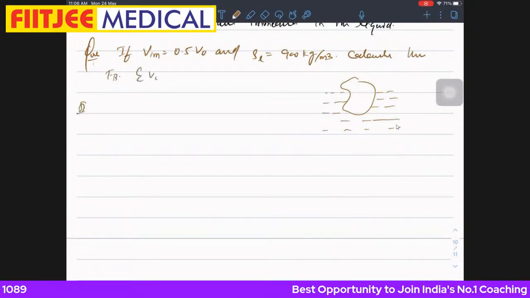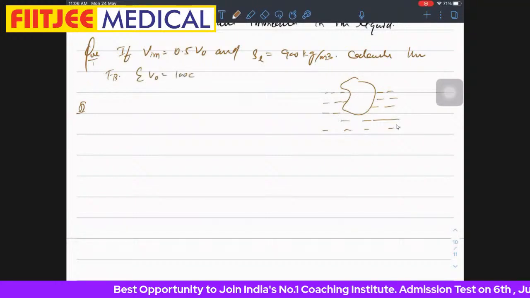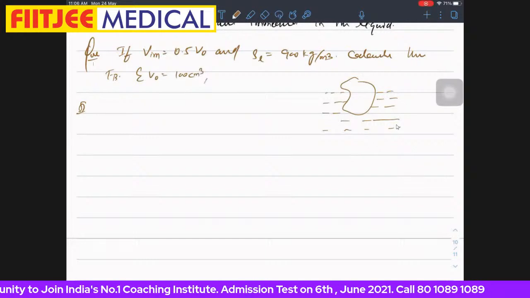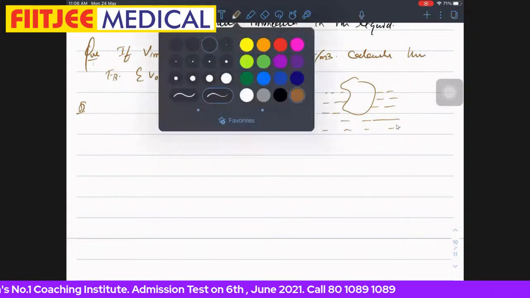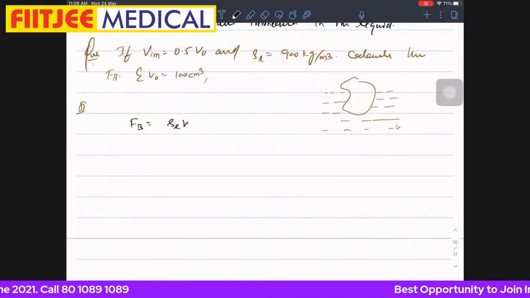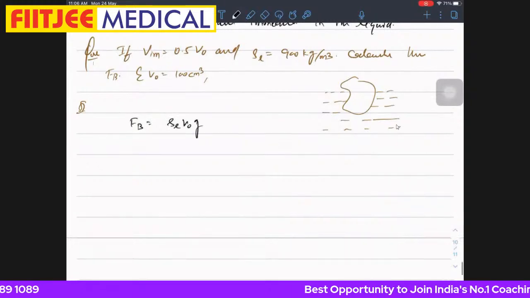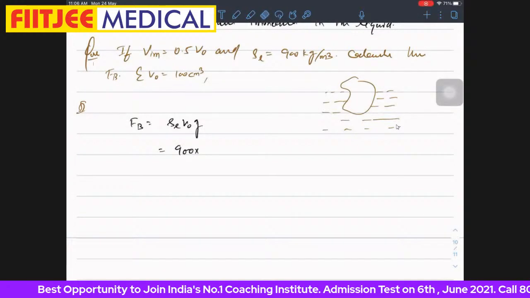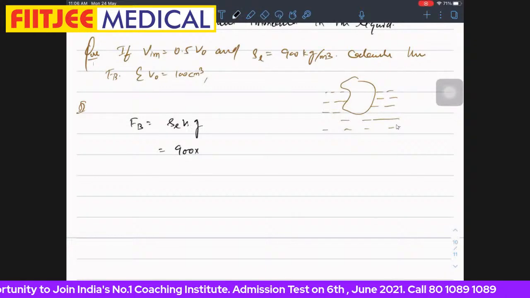We are given the information that V naught is 100 centimeter cube. Density of liquid is already there. So what can I write? The buoyancy force is equal to density of liquid into V naught into g. Density of liquid we have 900. It's not V naught here, here it is V immersed.